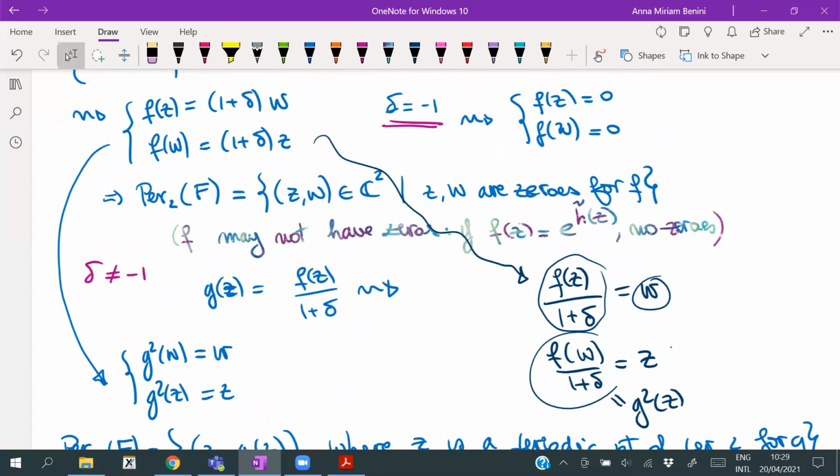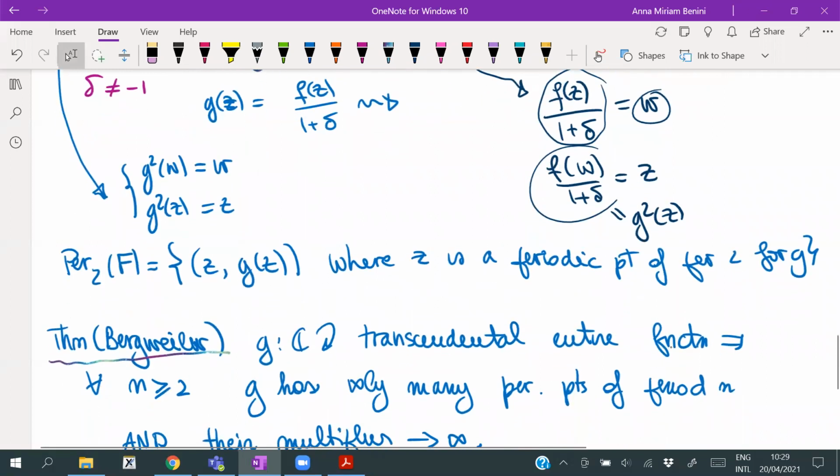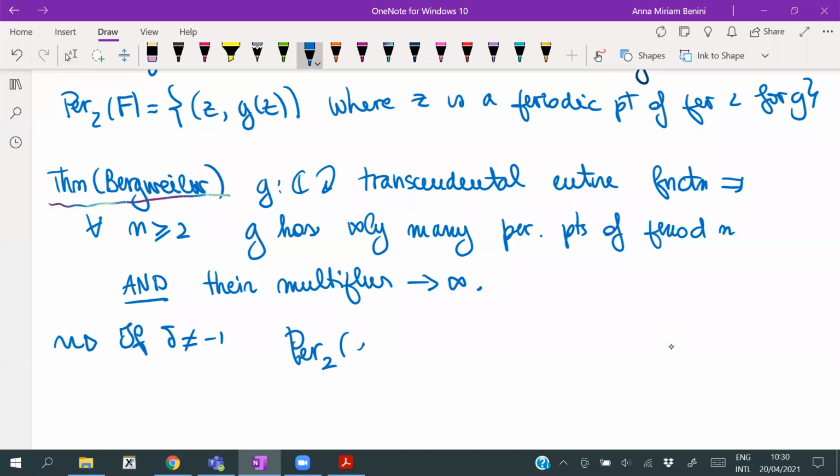If your delta is different from -1, you basically reduce yourself to looking at periodic points of period 2 for an entire function from C to C. And at this point, you have a theorem which tells you that such periodic points always exist. So in this case, if delta is different from -1, periodic points of period 2 for your big F always exist.